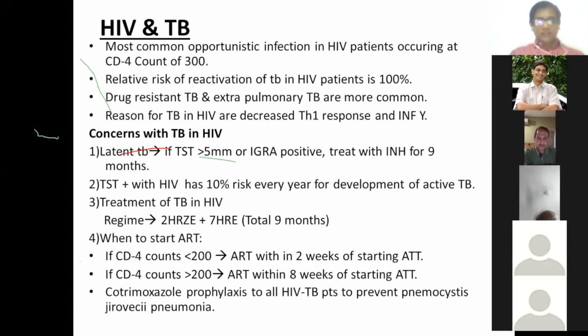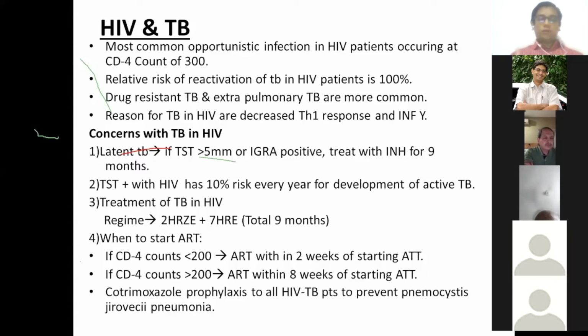About latent TB and HIV, in India there is a divided consensus amongst the various HIV practitioners, because many of our HIV patients can present with tuberculosis. So even if IGRA or TST is positive, please make sure to find the active focus of TB. Bare minimum, chest X-ray and sonography have to be done.